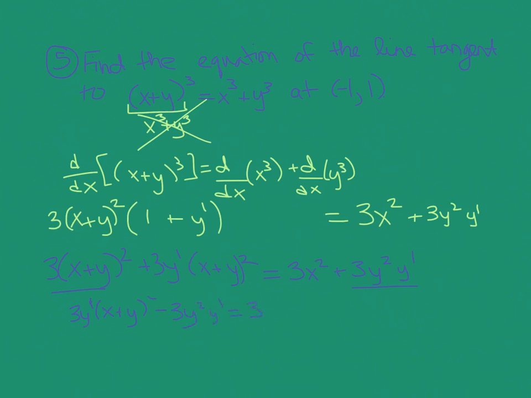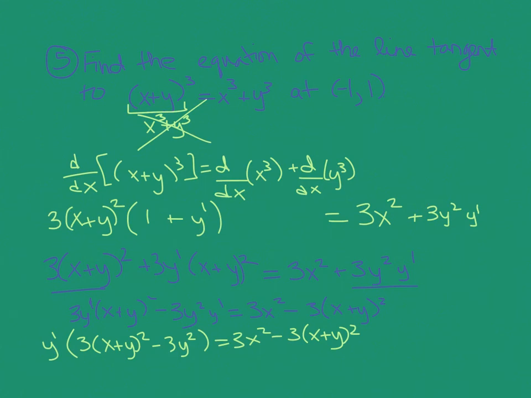This is equal to 3x squared minus 3 times (x + y) squared. Again, don't simplify if you don't have to. The last thing I need to do in solving this out is I'm going to factor out a y prime. Actually, this is the second to last. Inside my parentheses, I get 3 times (x + y) squared minus 3y squared, which is equal to that stuff on the right-hand side.